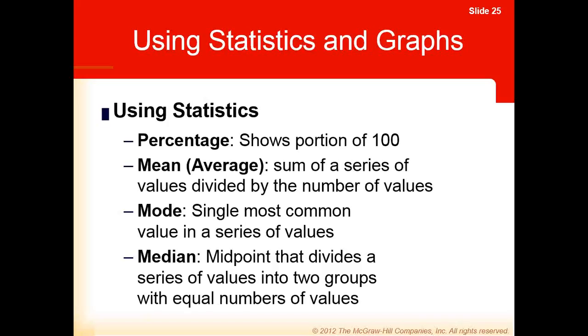So if we have a larger number set, say 1, 2, 2, 2, 3, 5, 7, 9, 17, the mean is going to be higher than the mode, because the mode is going to be the number 2. That's the single most common value. There are 9 numbers in there, so with 1, 2, 2, 2, 3, the 3 would be the median.